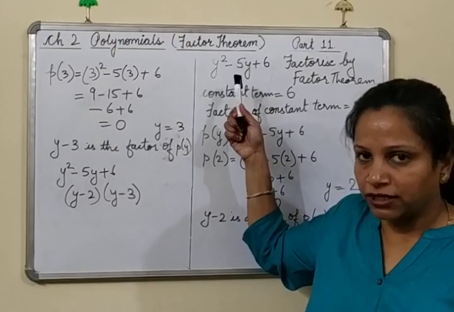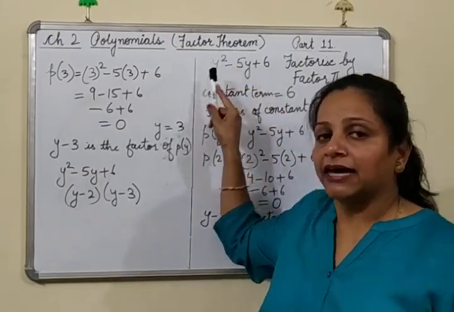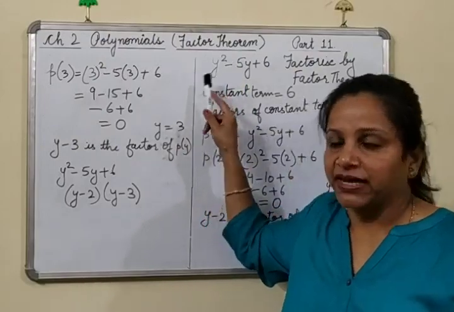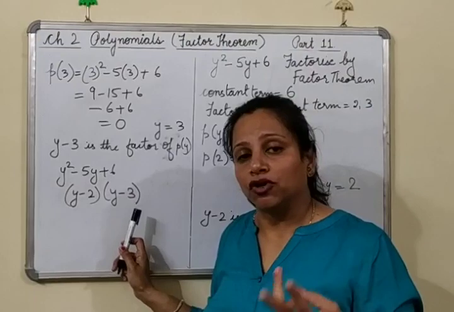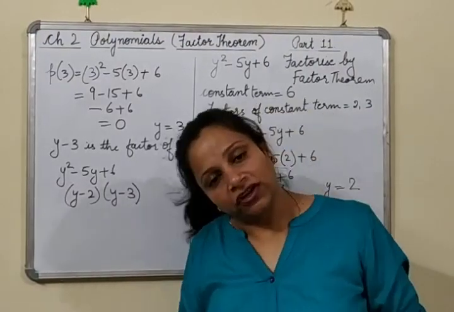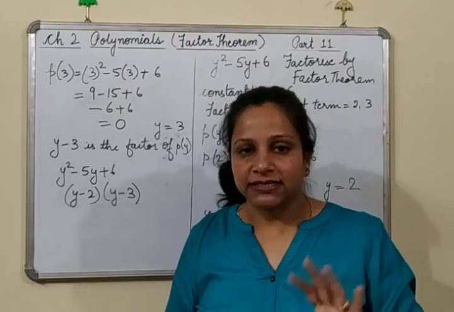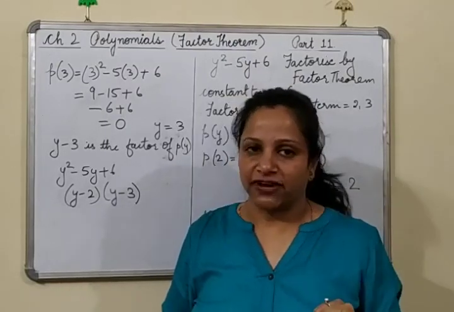This has earlier been told in many videos that if the degree is 2, then it will always have two factors. Suppose if the polynomial is cubic, that means the degree is 3, then it will have 3 factors. Same way, if the degree is 4, then it will have 4 factors.